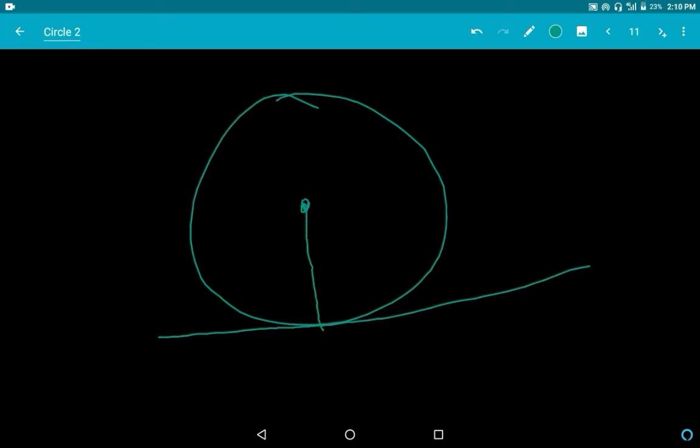We don't know that it is perpendicular. So now let's take any point Q. This is O, this is P, let's say Q, and join this. As you can see, except P, all the points of the tangent are on the exterior of the circle. Now think about this.